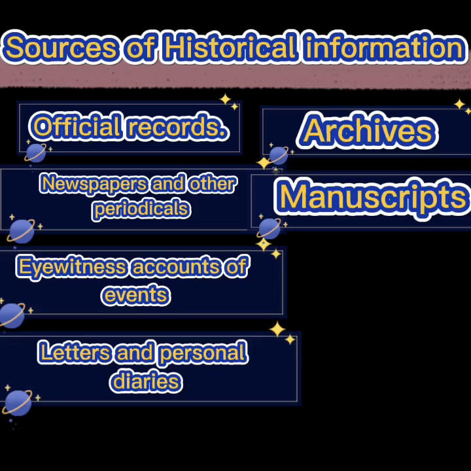The data gathered in historical research can come from a wide variety of sources. Among the more commonly used are the following: official records, such as laws, deeds, annual reports of organizations, charters, and so on; newspapers and other periodicals, eyewitness accounts of events, archives, manuscripts, letters, and personal diaries.